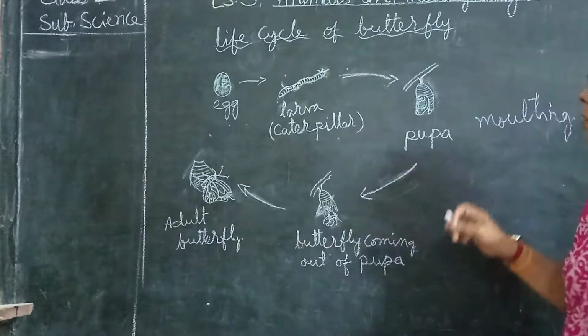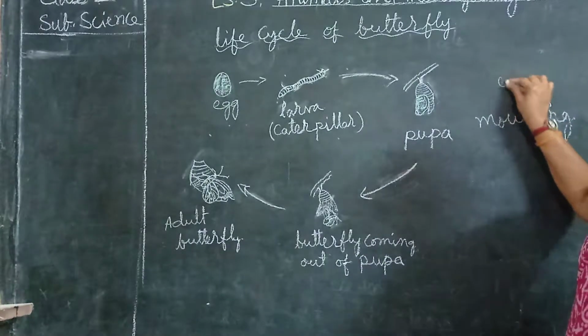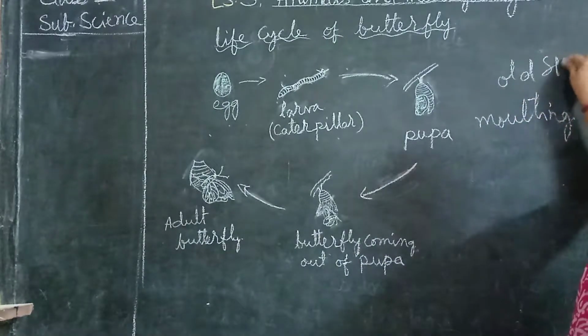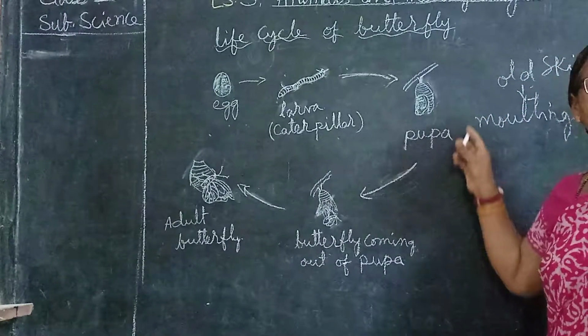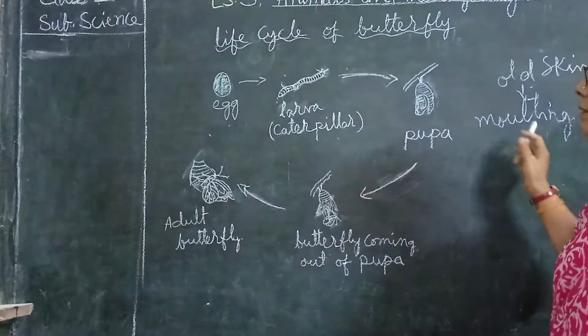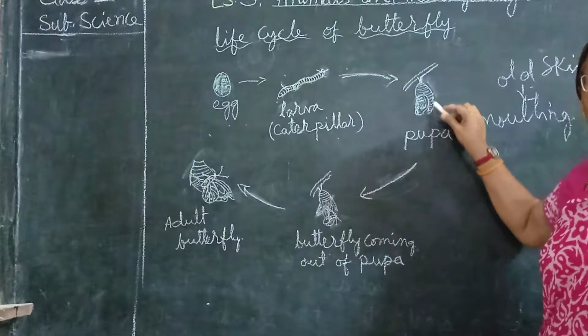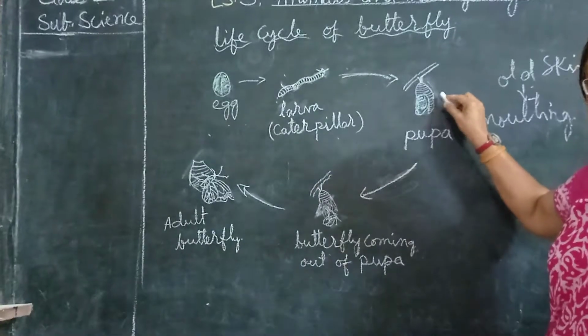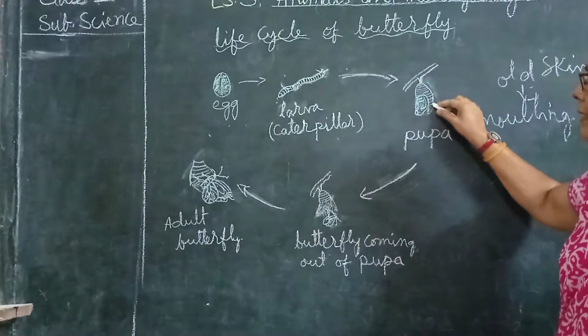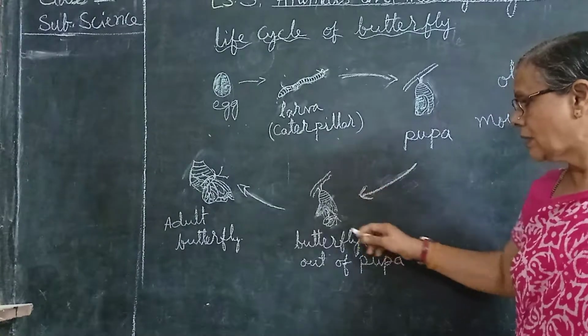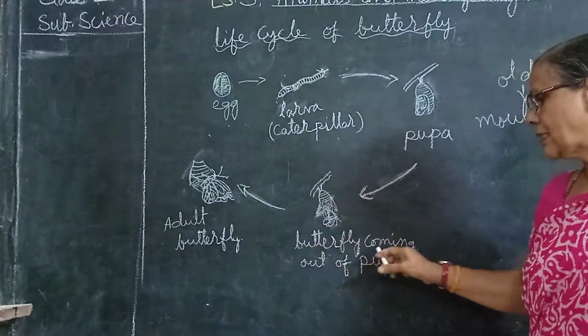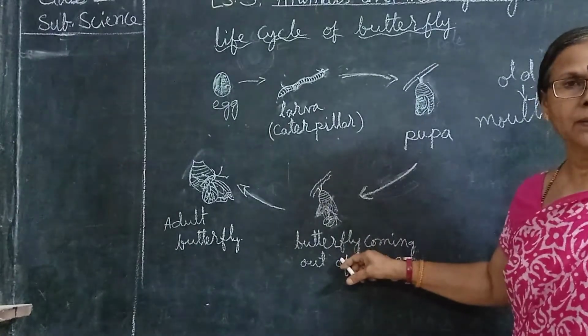So the pupa sheds its skin. The shell-like covering will break, and the fourth stage is the butterfly coming out of the pupa.